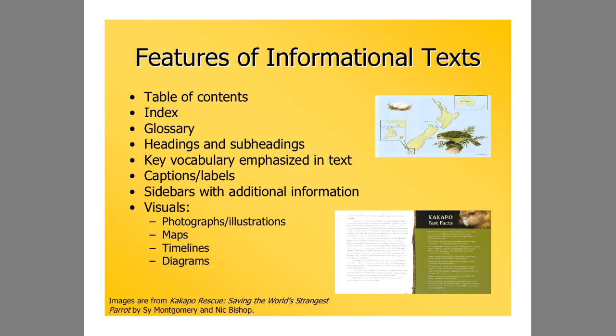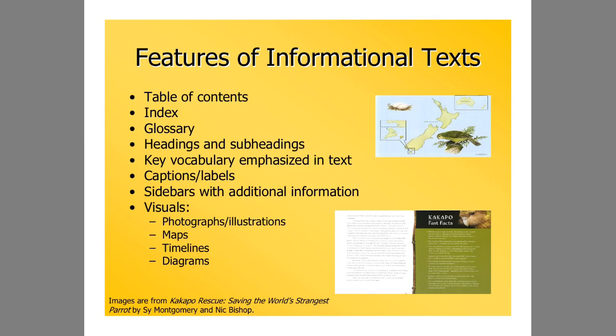Seymour Simon's books include really beautiful photographs, but the problem with them is that they are not captioned. So when you are looking at them, you don't really know exactly what it is you're looking at. And when you're reading about a topic like the universe or the solar system, you really want to have those pictures labeled or captioned so you understand what it is you're looking at in the photograph. So a good nonfiction book is going to include captions and labels.